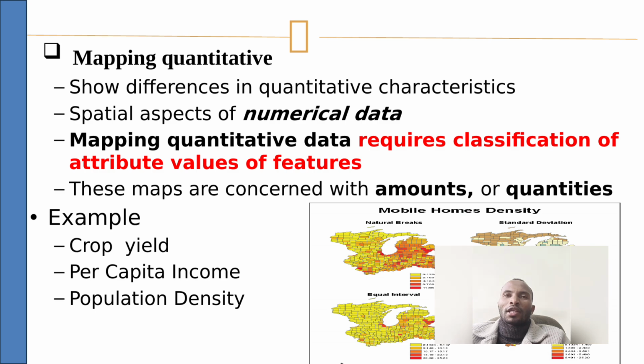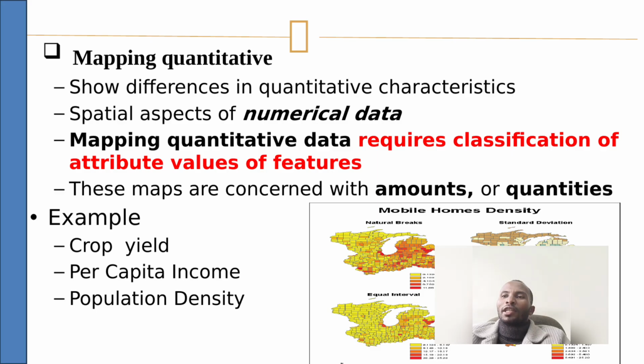For instance, forest versus urban land uses or land covers. This shows the spatial distribution or location of a set of classes. For instance, the type of land use, the type of soils, languages, geologies, and other qualitative data types exist.